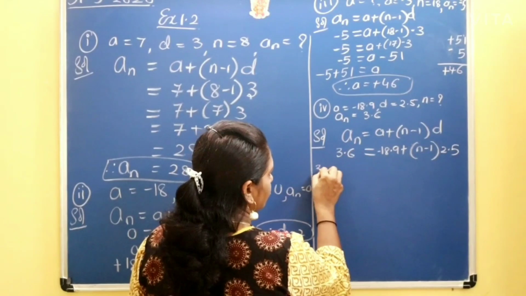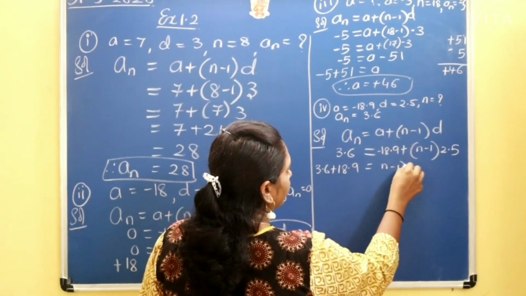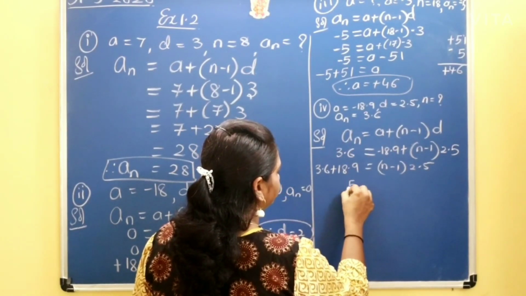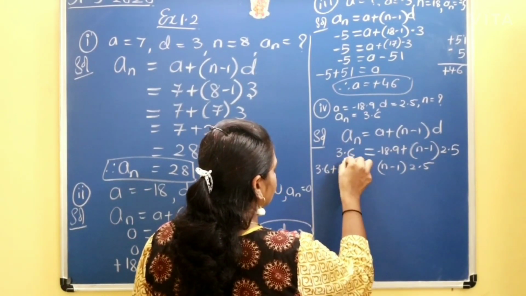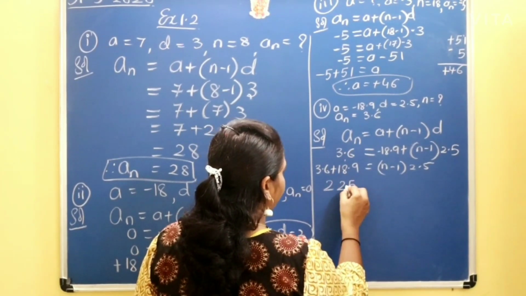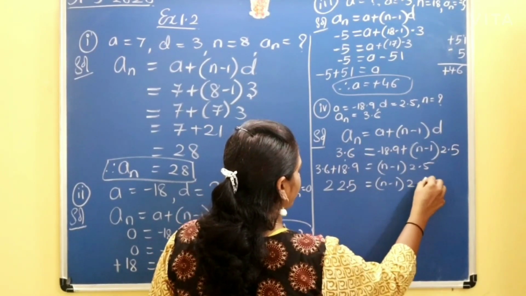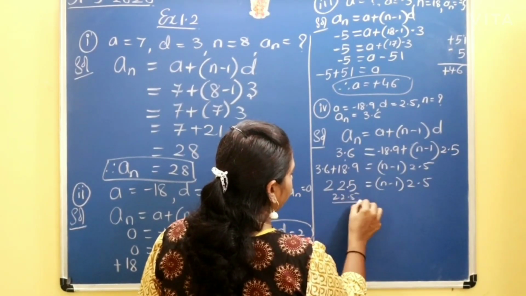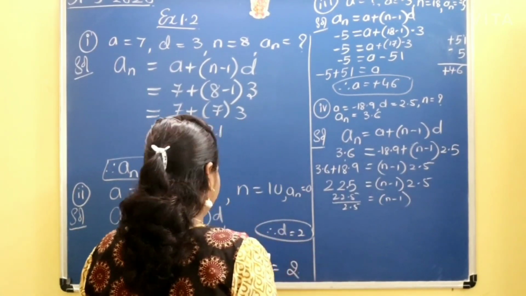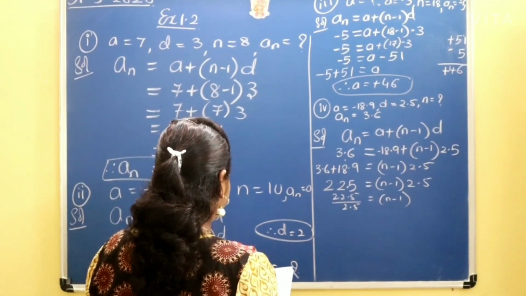Take minus 18.9 the other side, you will get plus 18.9. So this will be 22.5 equal to N minus 1 into 2.5. 22.5 divided by 2.5 is equal to N minus 1.